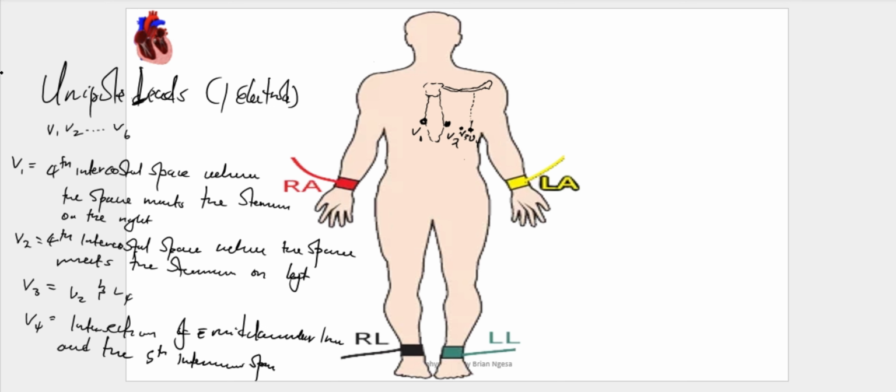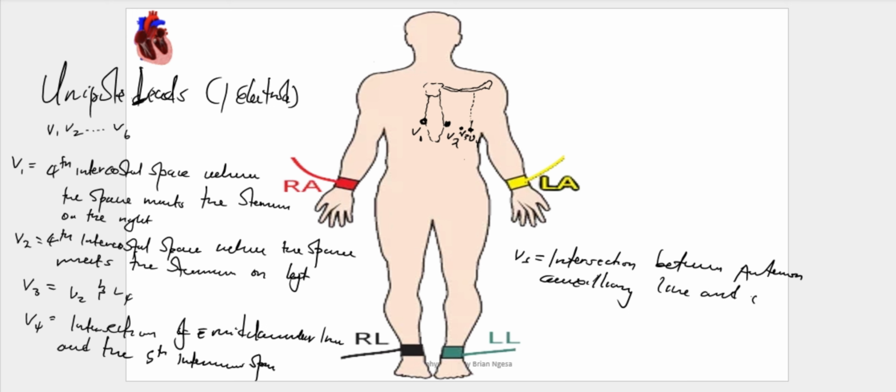So where do you place your V5? This is placed in the intersection between the anterior axillary line and the fifth intercostal space.